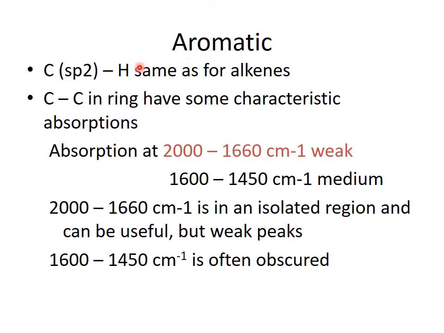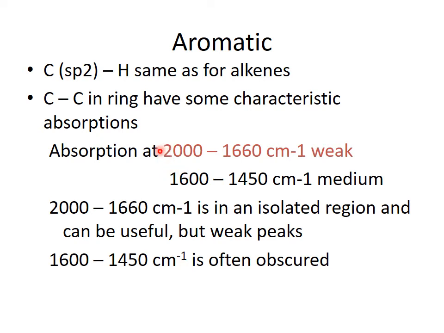Aromatic rings have similar carbon sp2 to hydrogen, and so you can't really distinguish between an alkene or an aromatic in the carbon hydrogen absorption. However, aromatic rings have some overtones that are really easy to see and easy to recognize.